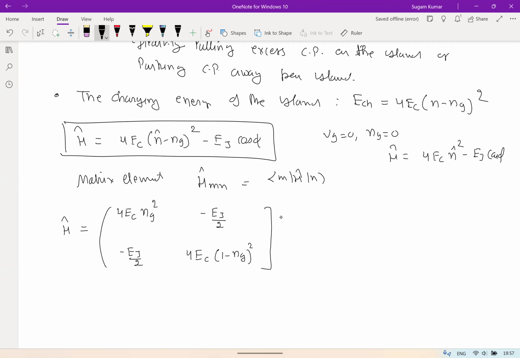You can see that when Vg, Ng is 0, then it is the same Hamiltonian: 4 times 0, and minus Ej by 2, and minus Ej by 2, and this is going to be 4 times EC.